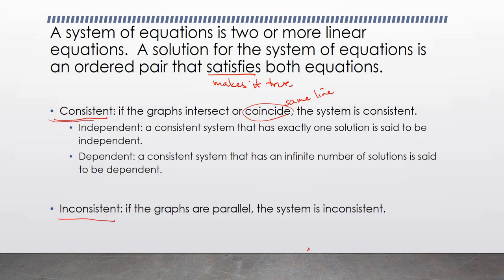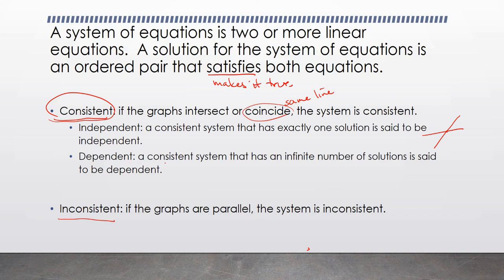Now, if it is consistent, if it touches somewhere, we have two subcategories. The first is that it is independent. So a consistent system that has exactly one solution is said to be independent. So two lines that touch exactly one place is independent and consistent.